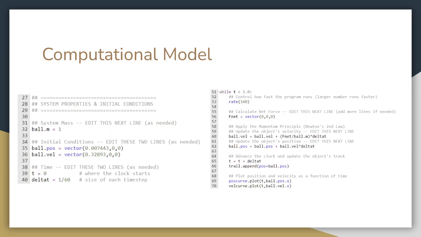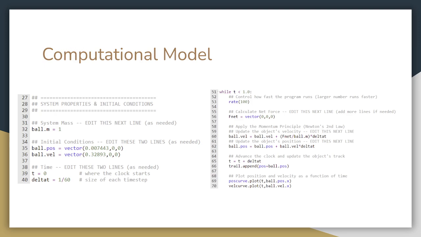For the computational model, first, I switched the ball's position and the ball's initial velocity on lines 35 and 36, and I changed line 40, delta t, to 1 over 60 because the video was 60 frames per second.